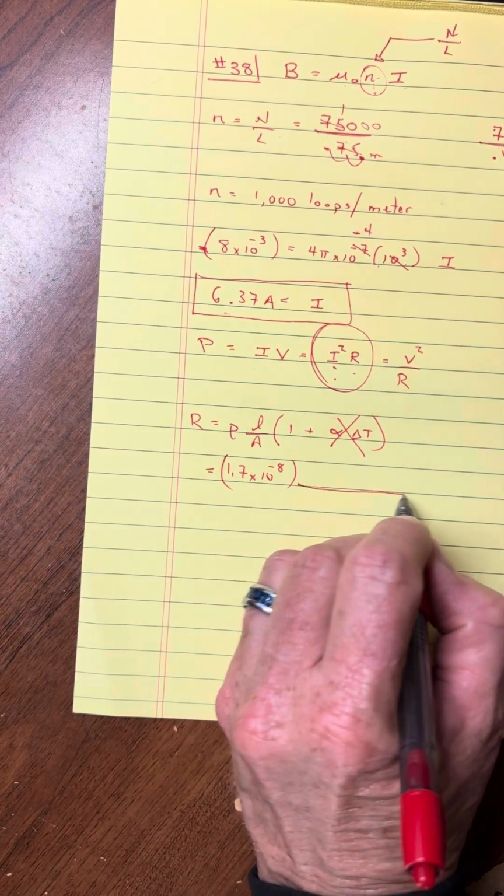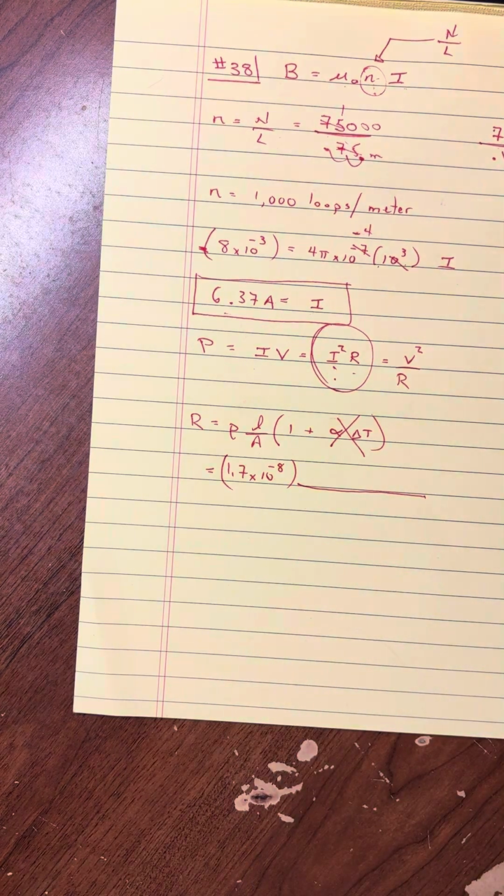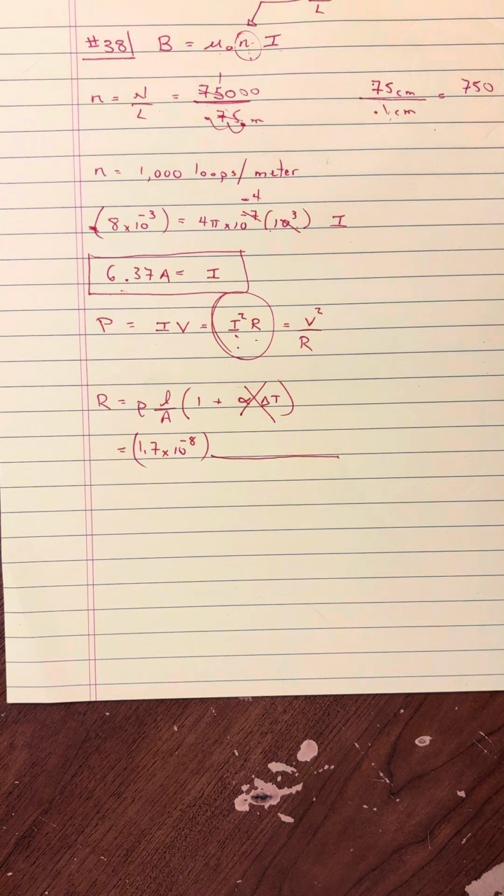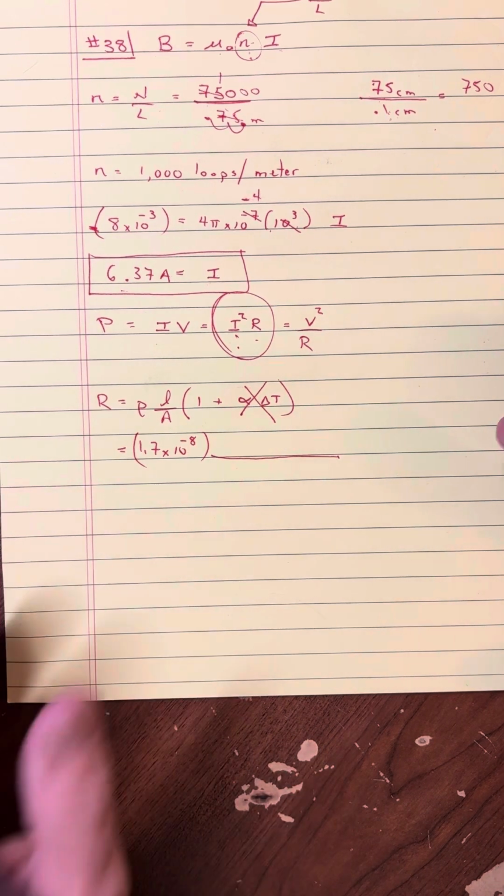And now we've got the length and the cross-sectional area to deal with. Maybe the cross-sectional area first, which would be easier to deal with.